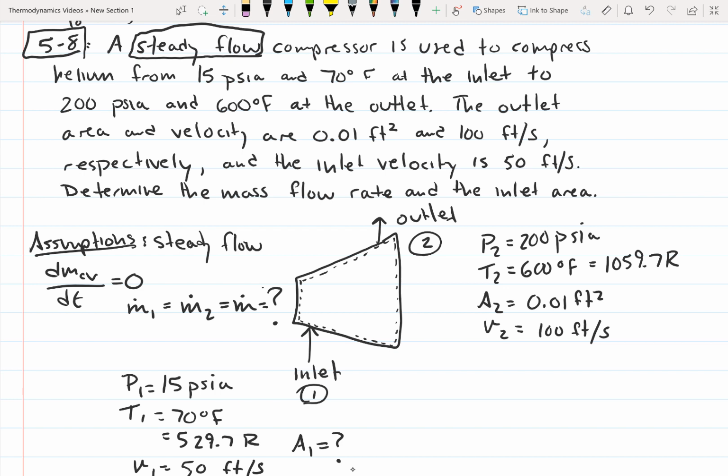So basically we need to assume that the mass flow rate in is equal to the mass flow rate out.